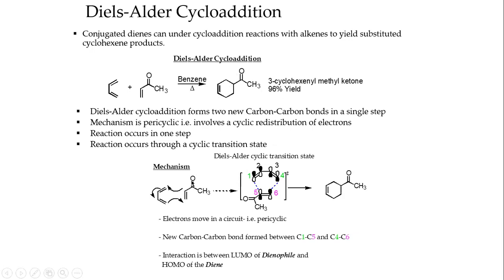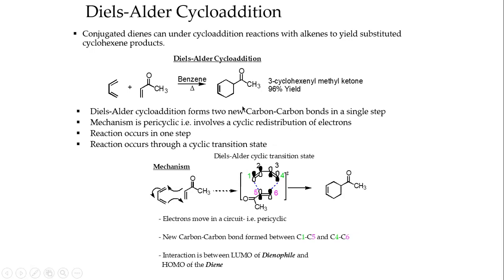So the way this works, here's the mechanism: you have electrons flowing between both the diene and the dienophile. This pair of electrons makes a new carbon-carbon bond here, and this pair of electrons makes a new carbon-carbon bond here, and then this pi bond gets shifted over. That's where the pi bond comes from in the product.